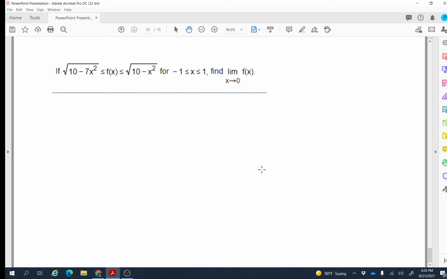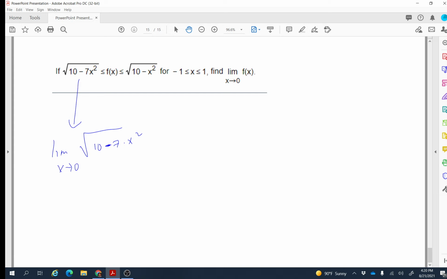We can use this for this example. f of x is in between two functions: the square root of 10 minus 7x squared from the left and the square root of 10 minus x squared from the right. We are interested in finding the limit of the function when x approaches 0. So to use the sandwich theorem, we find the limit of each of these functions when x approaches 0.